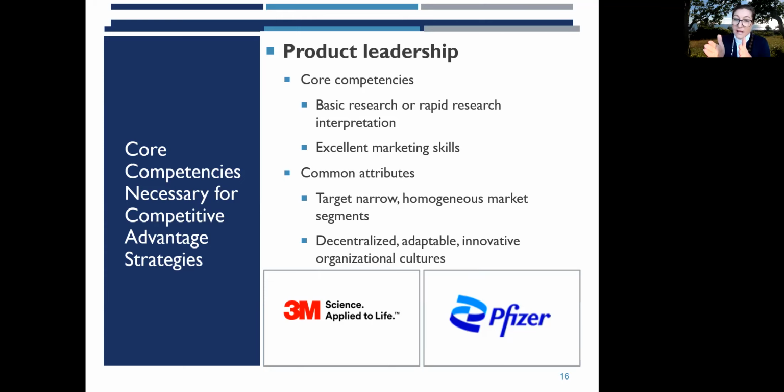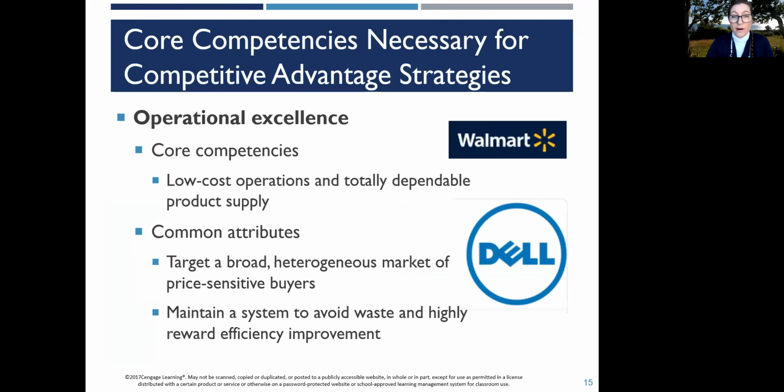So we're talking about a market segment which is a group of customers, whether individual consumers or organizations as industrial customers, right? So a group that has common needs and wants. That's what homogeneous means.